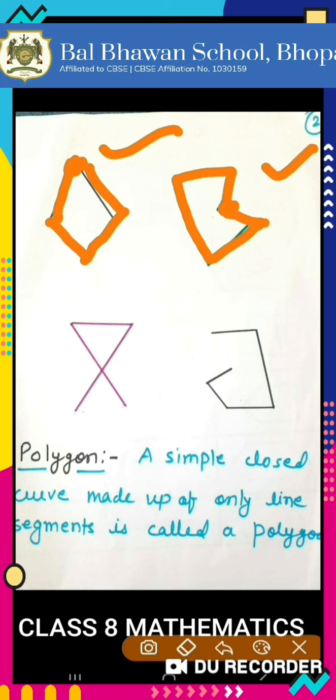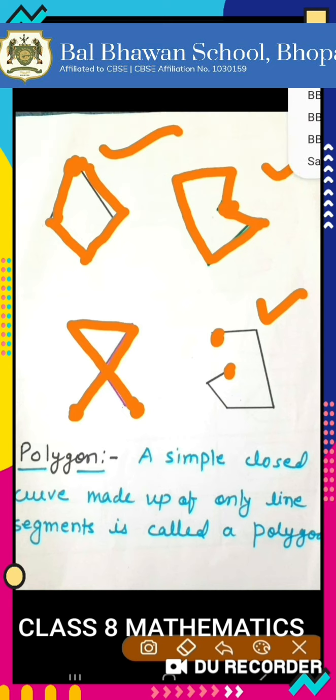Let's see the third figure. Suppose I start drawing this figure from this point. So I drew this side, then this, then this. But in this figure, I observe that the starting point and the ending point are not common. Just like that, in the last figure also, this is the starting point and this is the ending point, so here also they are not common.